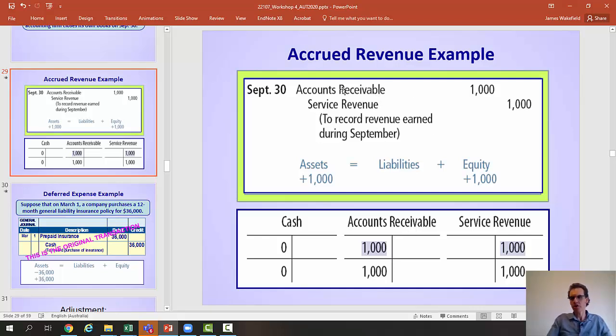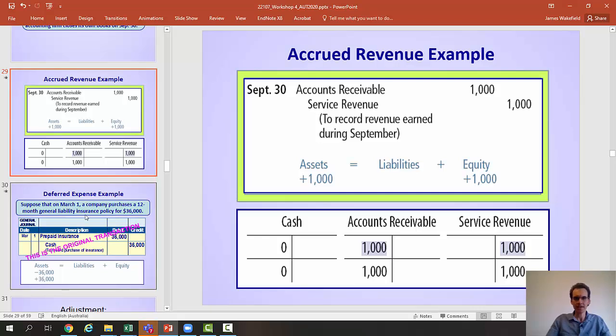So as a result of recording this adjusting entry, what you can see when we look down at the T accounts is that service revenue, we increase it by 1,000, so that's the final balance of that account there. And the accounts receivable, we have $1,000 outstanding, so that's the balance of that asset account there. And so at the end of the financial period, we're actually able to report on what our performance and our financial position is for the period.